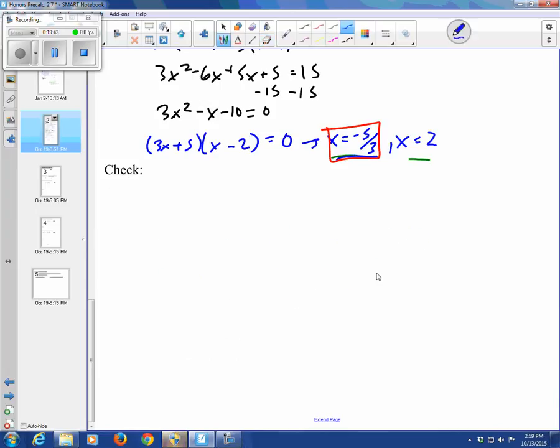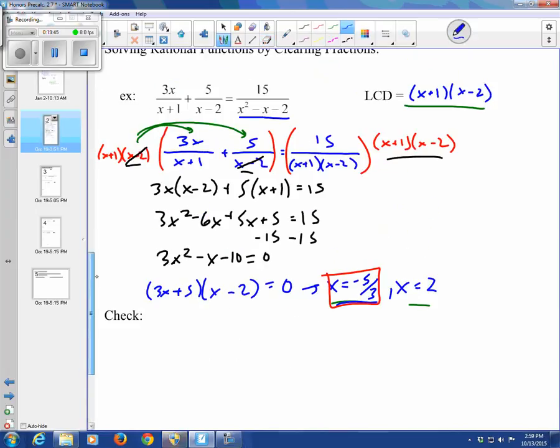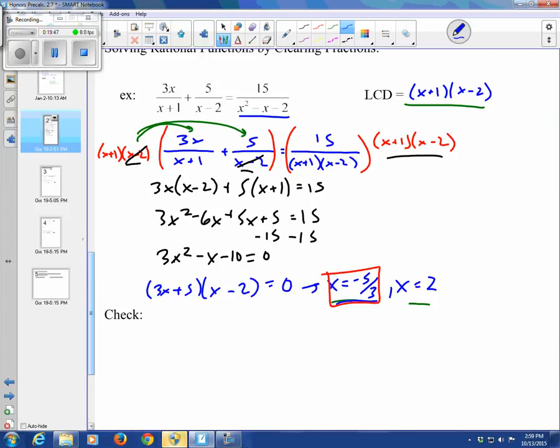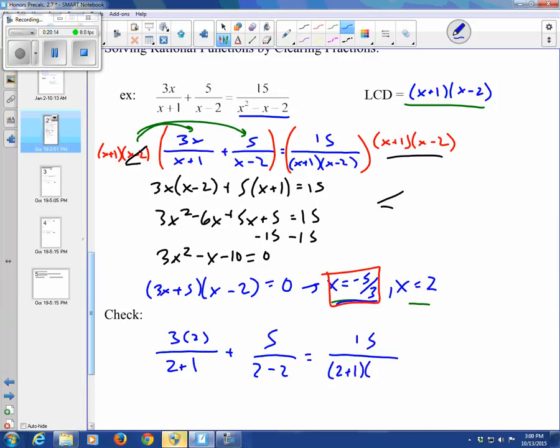So plugging 2 into our original equation, and again, I'll plug it in right here, is going to give me 3 times 2 over 2 plus 1, and then plus 5 over 2 minus 2 equals, and then we've got 15 over 2 plus 1 times 2 minus 2.